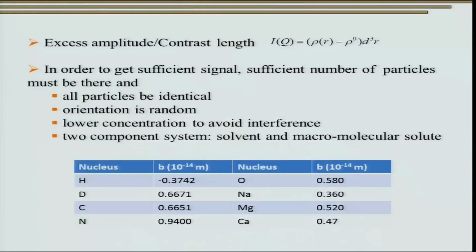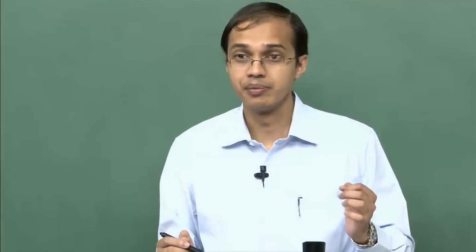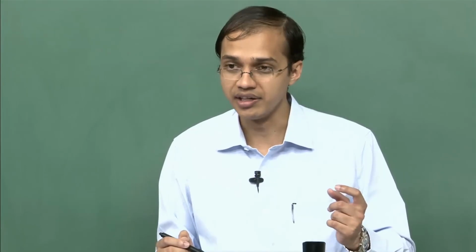You see, for light elements as well as heavy elements we do have different and very good values. Another important thing is, look what we are having here, hydrogen and deuterium, and as I had mentioned, they have different scattering cross sections. Here again we see that they have different scattering lengths. Not only is the magnitude different, but also their sign is different, and this is where lies the biggest advantage of neutron diffraction.